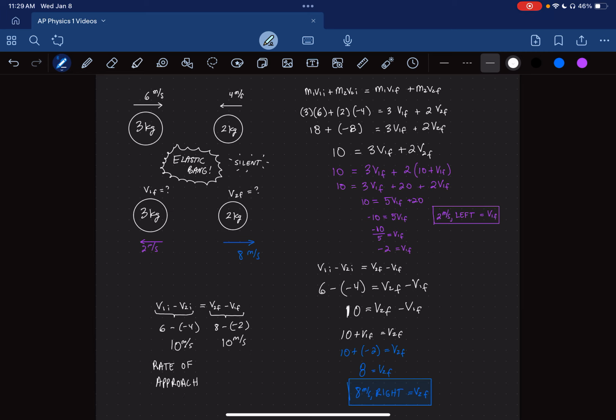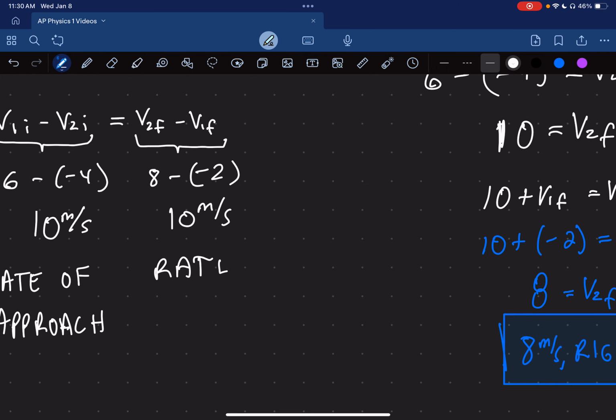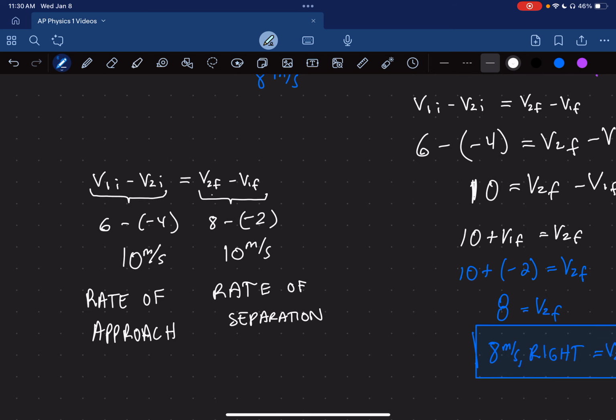Well, this one is moving to the right at 8. This one is moving to the left at 2. And so the gap between them, the space between them, is increasing at a rate of 10 meters per second. This is the rate of separation. Is this term over here.